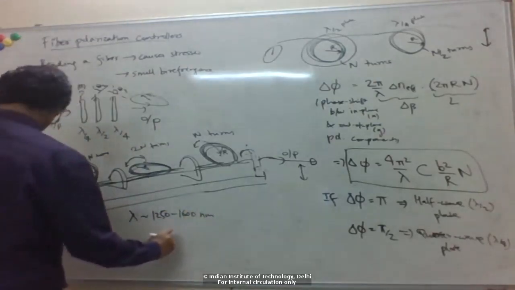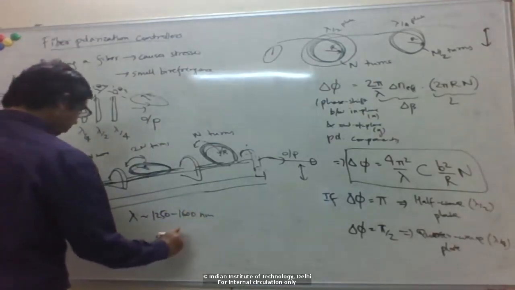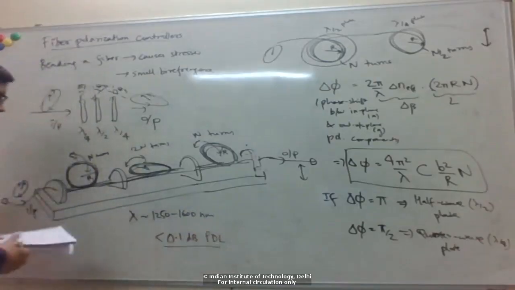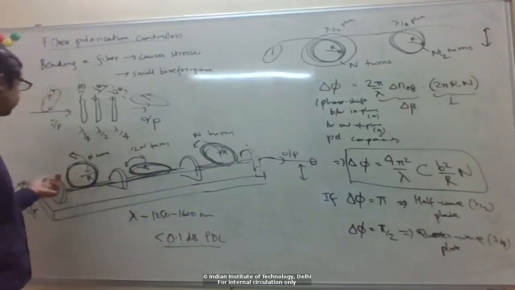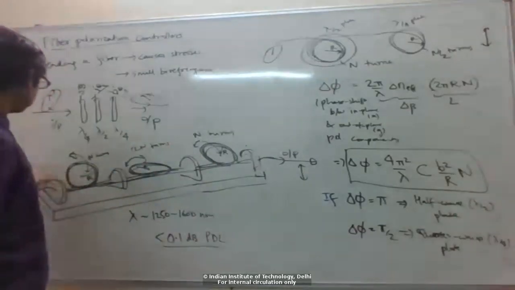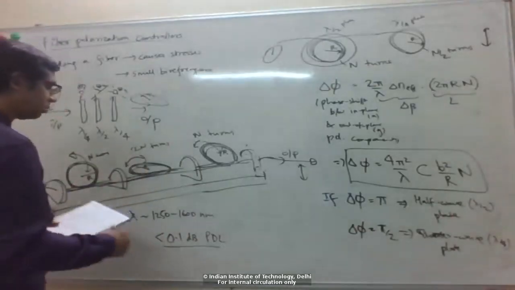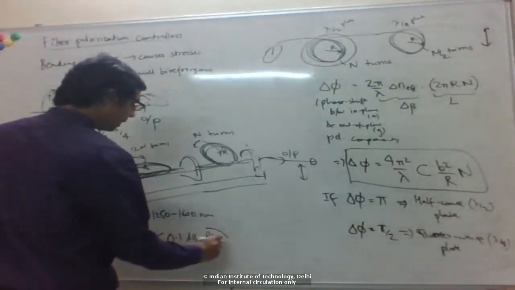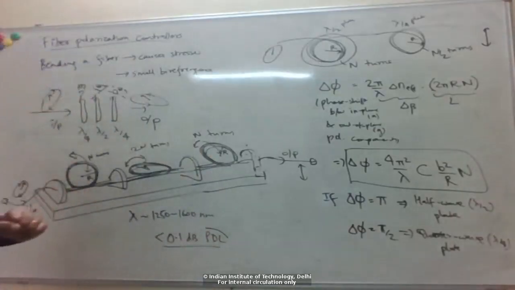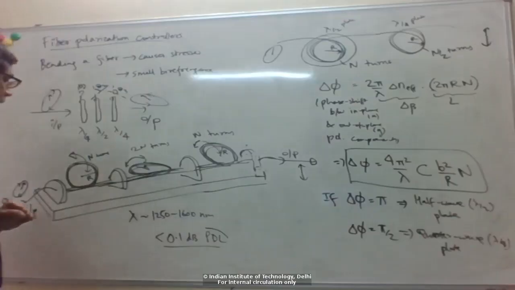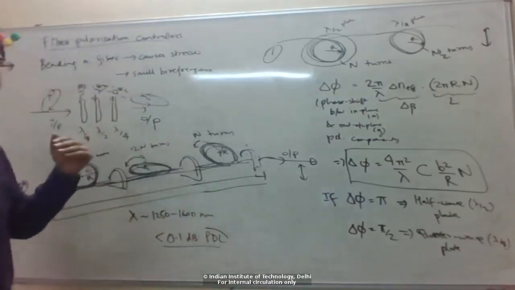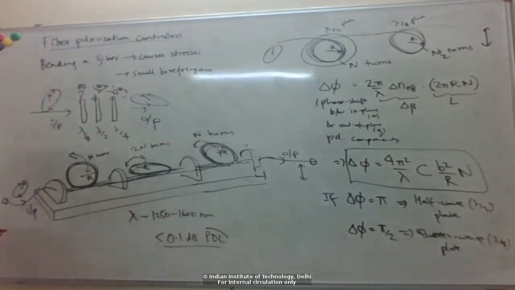With less than 0.1 dB polarization dependent loss. There will be some insertion loss for this device, of course. But what is important for this polarization device is polarization dependent loss, PDL, which is the difference in the loss between the two orthogonal polarizations. That difference is typically less than 0.1 dB, which means both polarizations have the same loss.